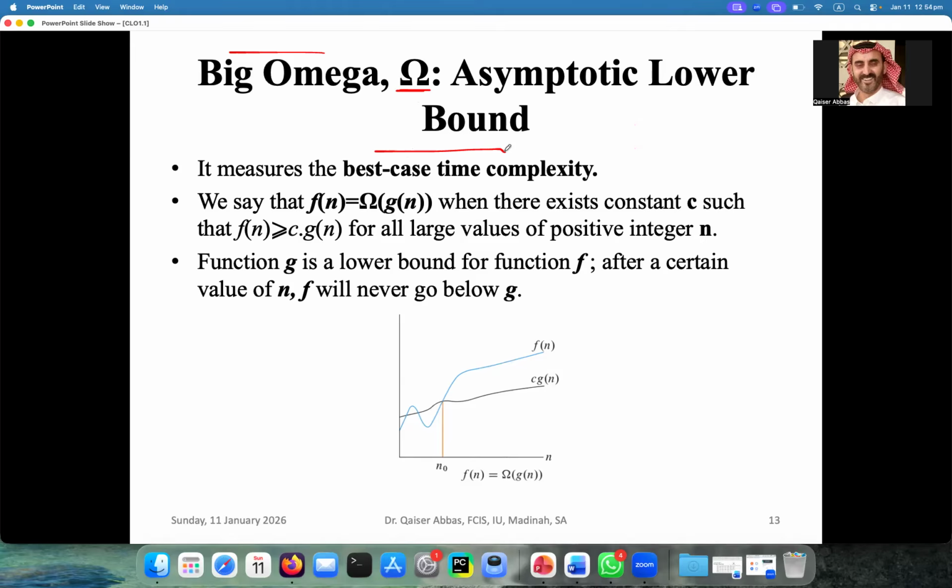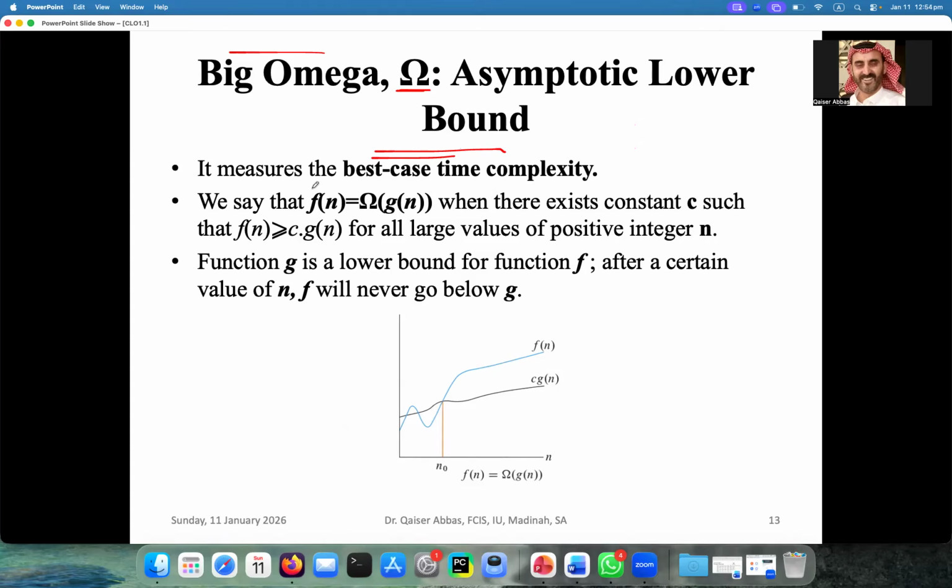And if you are going to represent the average case, not worst, not best, the real average case, then you have to use theta. Anyhow, omega measures the best case time complexity, the best case running time.